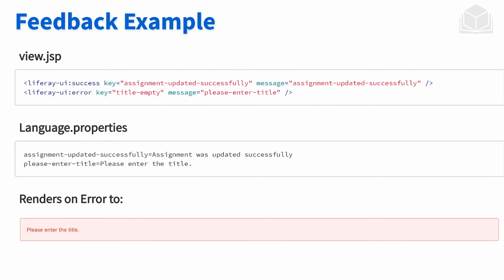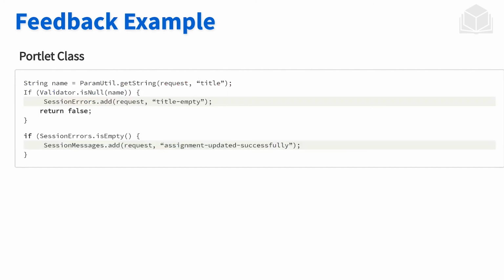Once we retrieve that key, specified here as key equals, we'll then display a message using message equals. You'll see that the message is a key. We then have another file called language.properties that provides the actual string of the message.